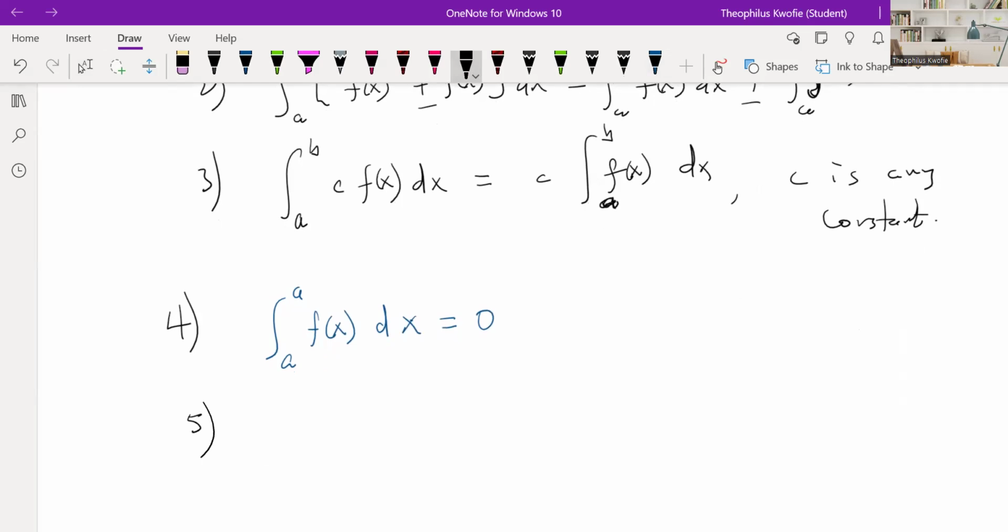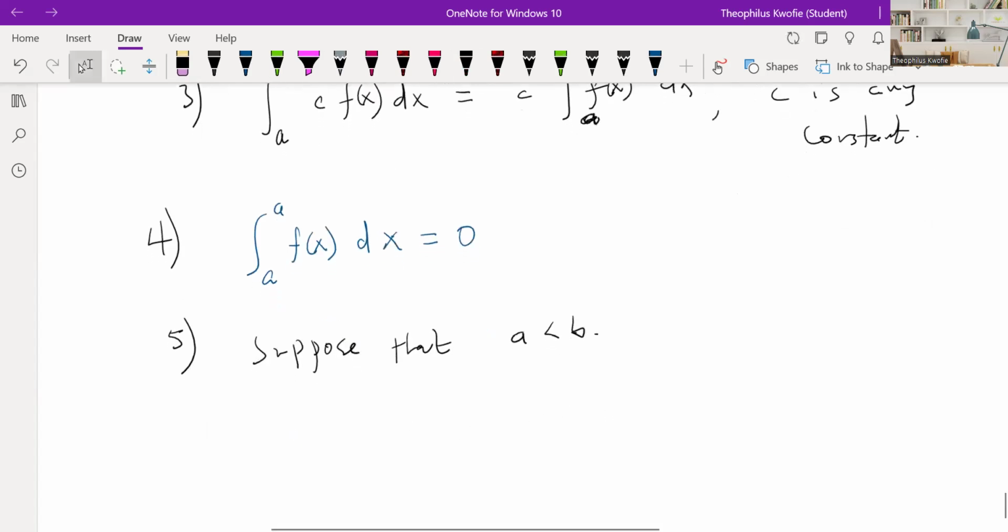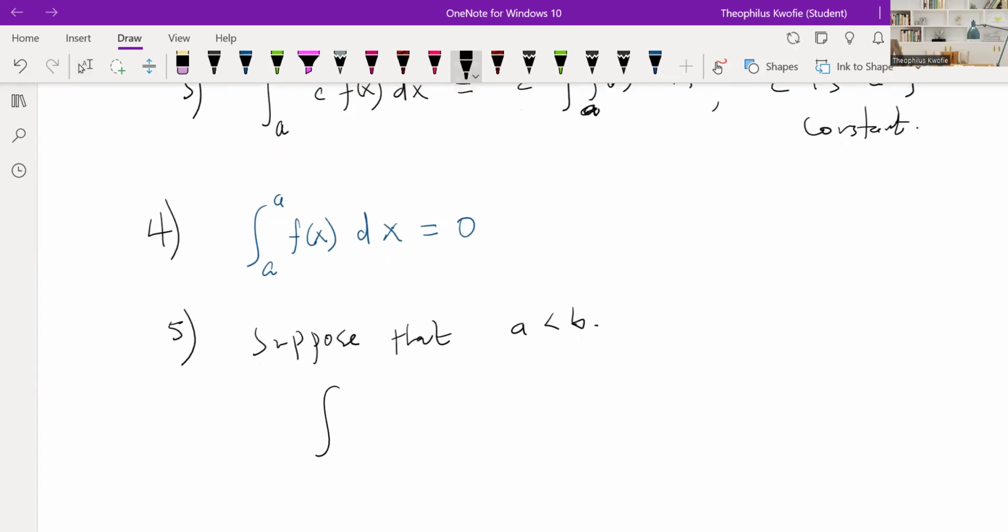And then the next thing is that, suppose that A is less than B, and the integral is this.